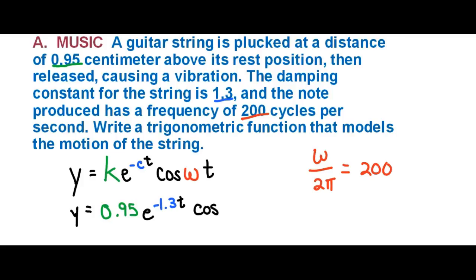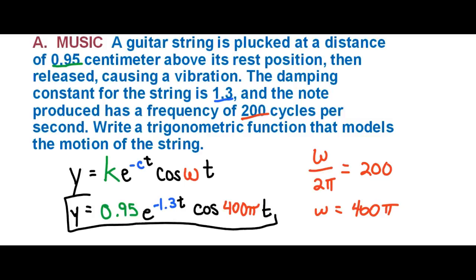Because if you recall, the period was 2 pi divided by this constant that's multiplied by this variable. So when we multiply that out, omega is going to be 400 pi. So we're going to have 400 pi times t, and that's one function that can represent this situation.